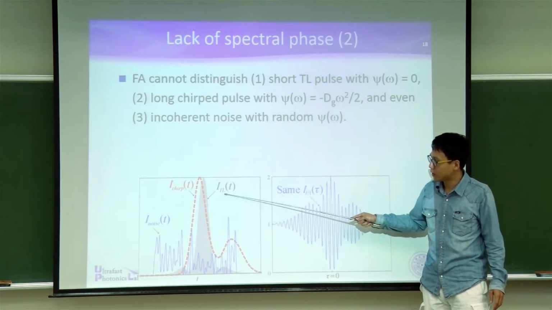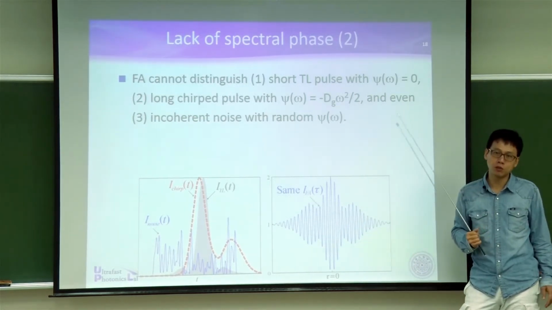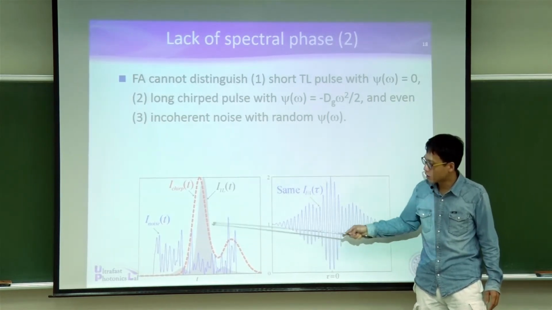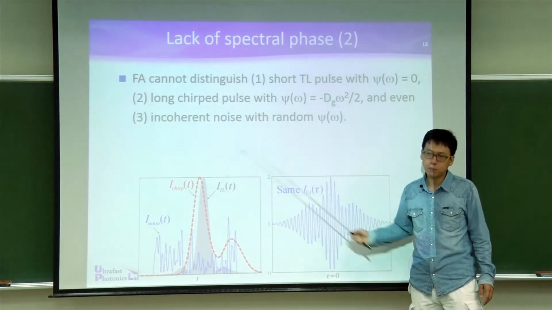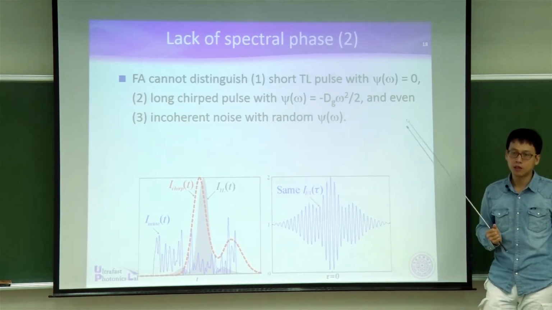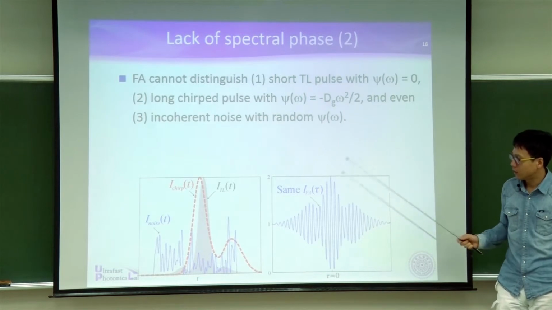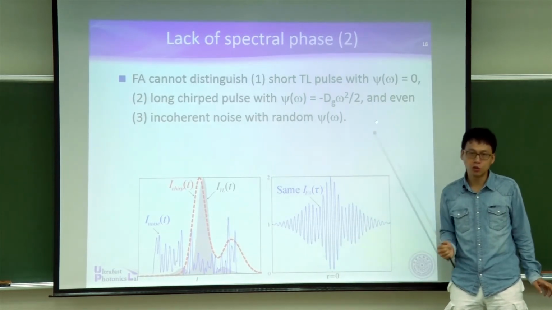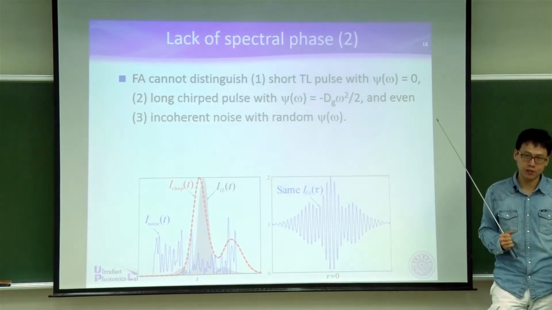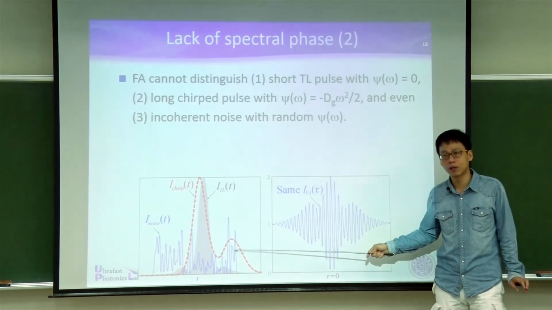Okay, so I show you 3 examples here. The shaded area is the transform limited pulse with constant spectral phase. The red dashed curve is the chirped pulse with quadratic spectral phase. The blue noise-like waveform is an incoherent noise with random spectral phase, but they share the same power spectrum.